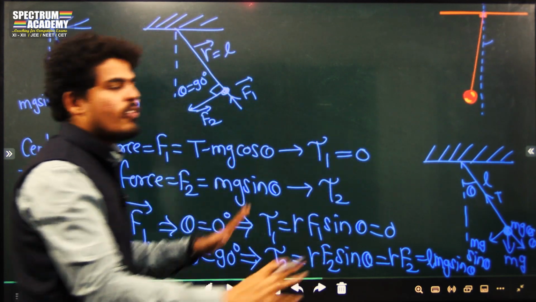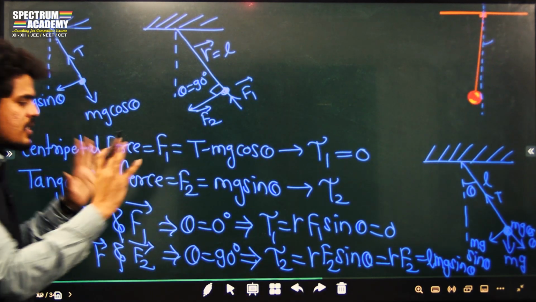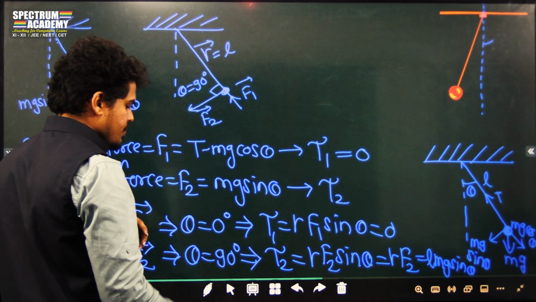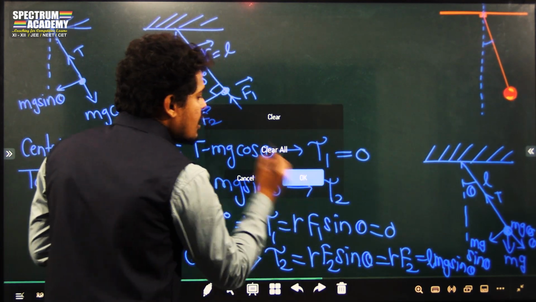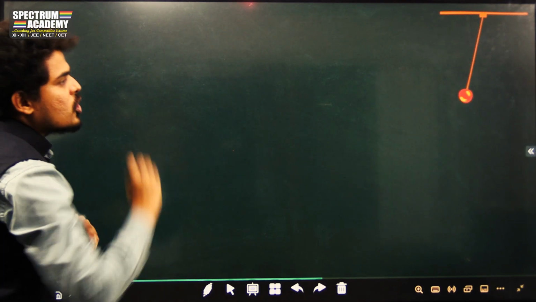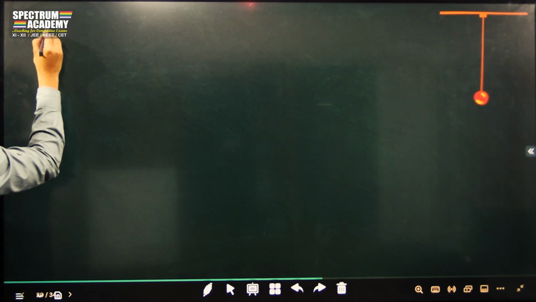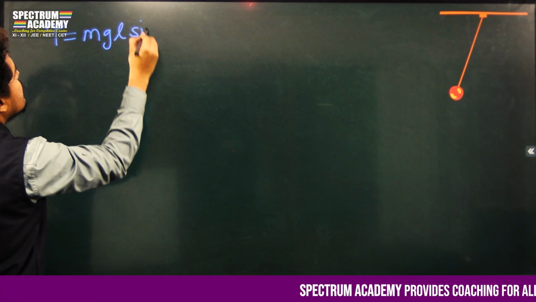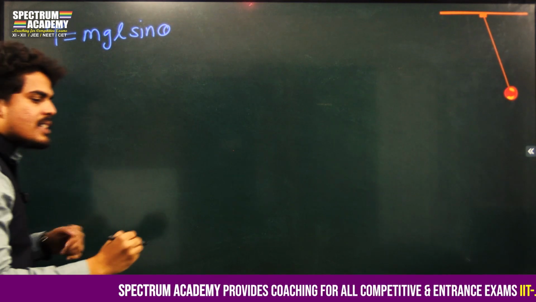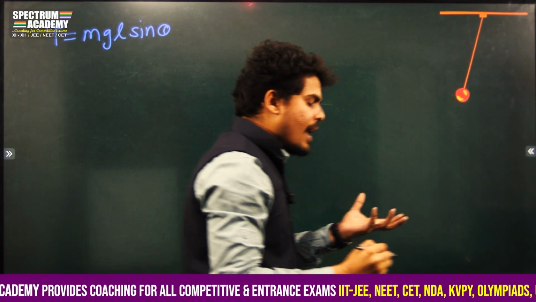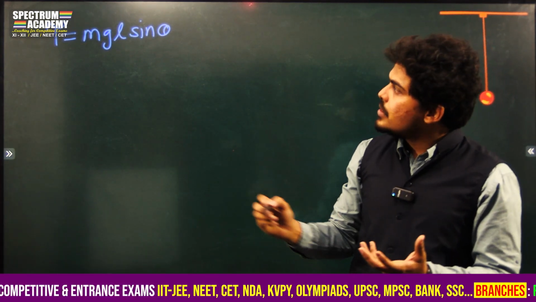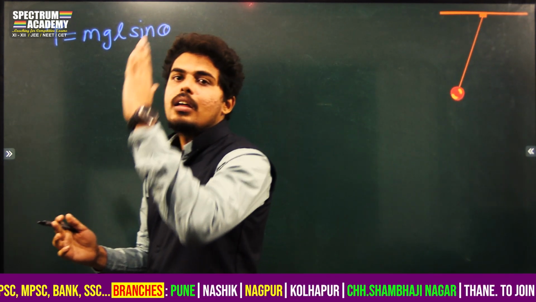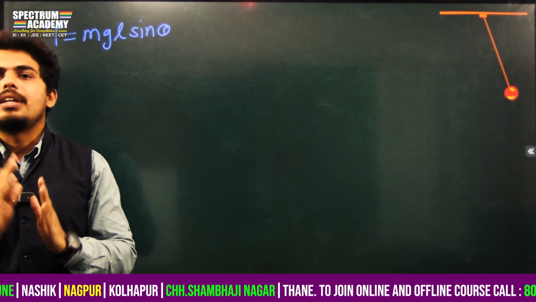So in the question of simple pendulum, we know that the torque is mg L sin theta. Now we will consider only that torque. So in the motion of simple pendulum, the torque we get is mg L sin theta, where L is the length of the pendulum string, m is the mass of the bob and theta is the angle of the string with the vertical.